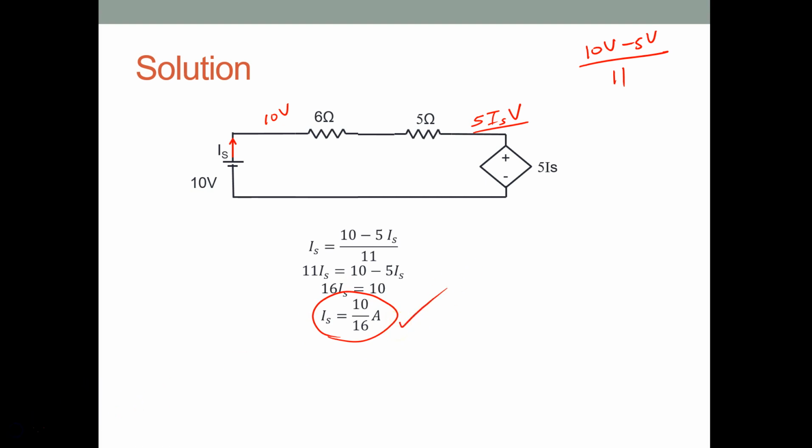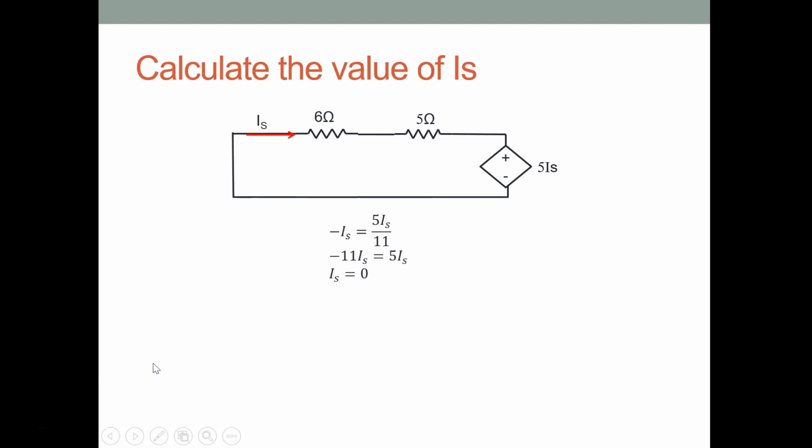Now what happens if we have a dependent source in the circuit by itself. So if we look at this circuit, we short-circuited the voltage source from the last example, so we have no 10 volt source here. So in this case, we have the current, which is IS in this direction, is equal to 0.